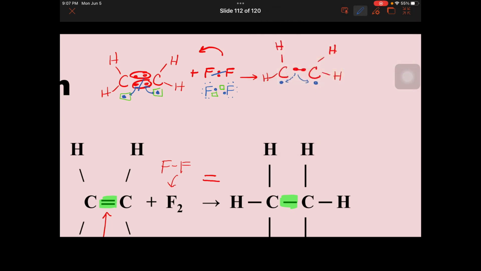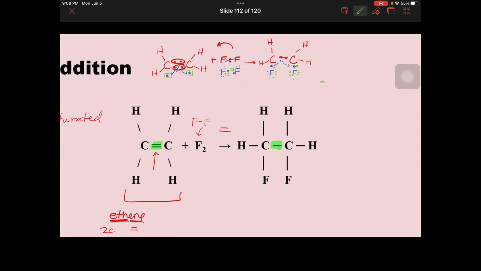And I have now places for those fluorine atoms to come in and bond with those carbons. So I end up with what's on this picture down below here. I have carbons that are now single bonded together. I have the 4 hydrogens that were present originally, and I have these new fluorines that now had space available to jump in and join this party.